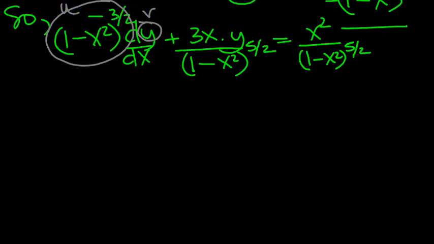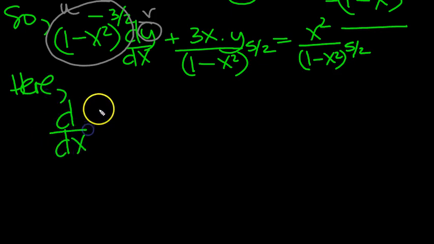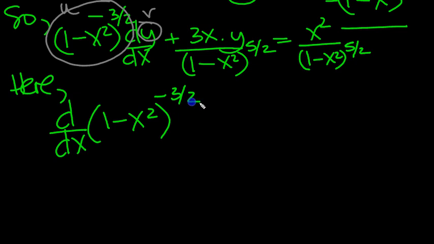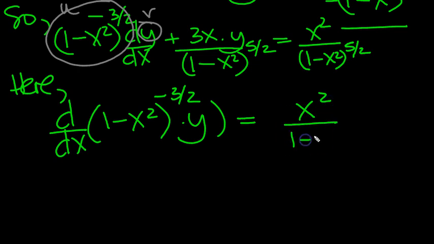So we can simply write here d by dx of u times v, 1 minus x squared to the minus 3 over 2 times y, is equal to x squared over 1 minus x squared to the 5 over 2.